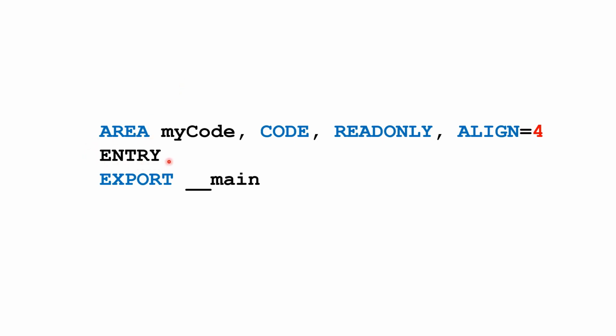Then ENTRY is a directive that is used to mark the entry point of the program. More on that as we go further down the program. And EXPORT is another directive used to make symbols or labels such as this one accessible by other assembly files or modules.